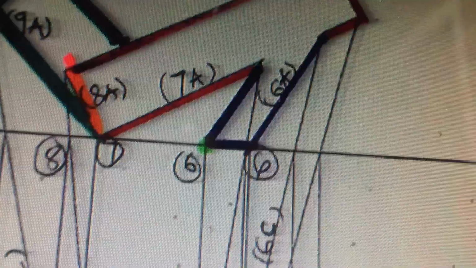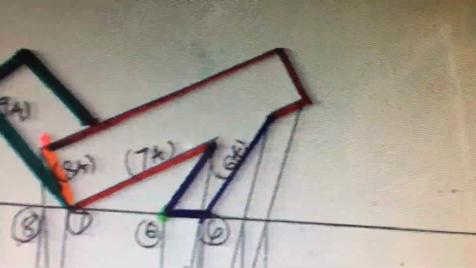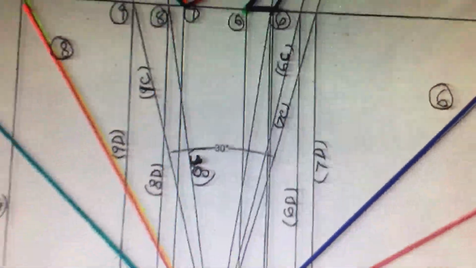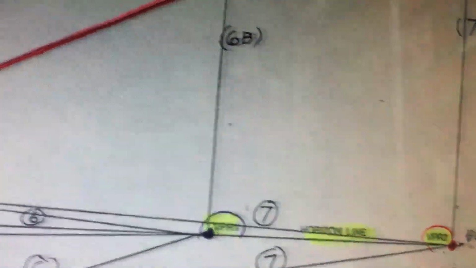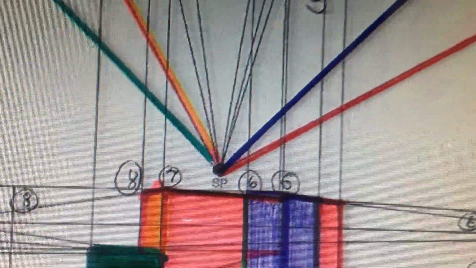From this one, I mark number 6 for you to follow easily. From number 6, you draw the line perpendicular to the horizontal line. You see this is the horizontal line, and you draw that line straight down to the ground line.